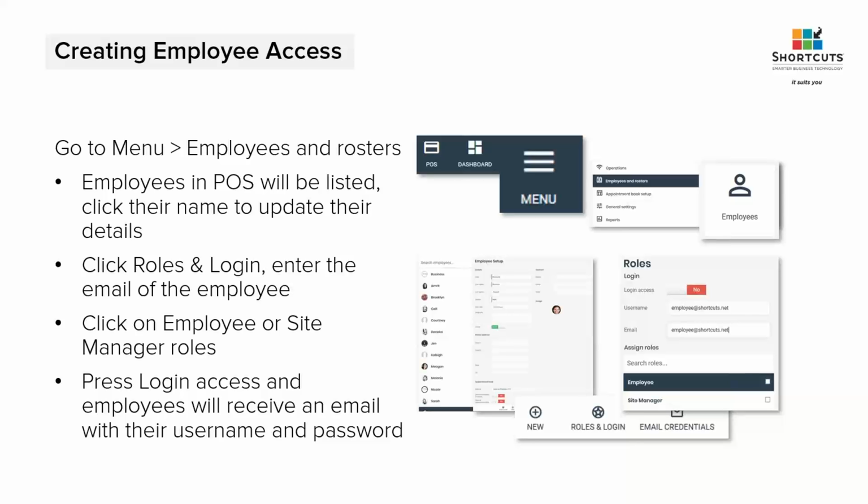When it comes to creating employee access, once you are logged into the cloud, you're going to go to Menu, Employees and Rosters, and choose the employee. You will have a list of everybody that's in your point of sale. At the bottom of the screen, once you select a staff member, there's a button that says Roles and Login.